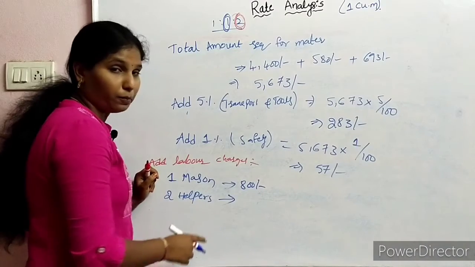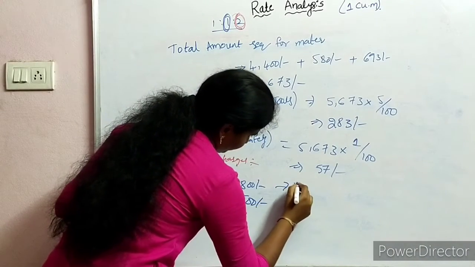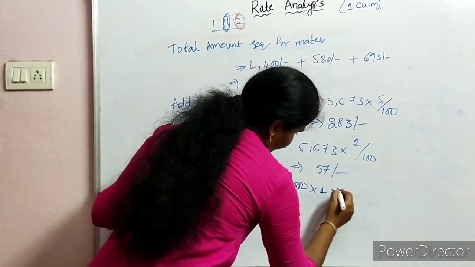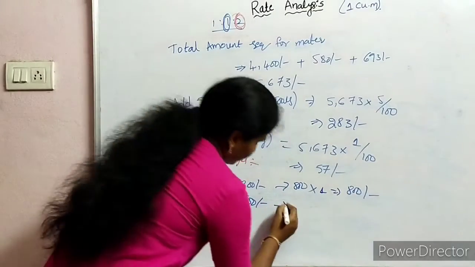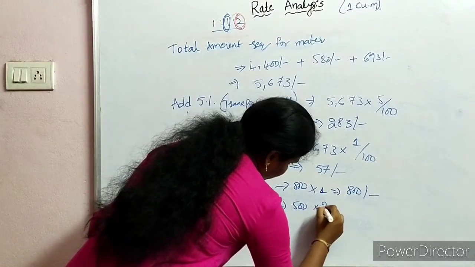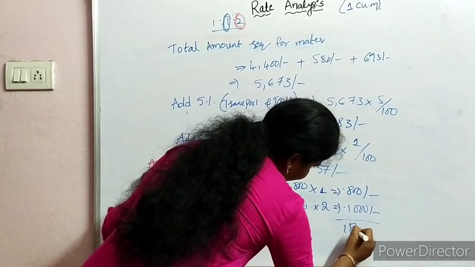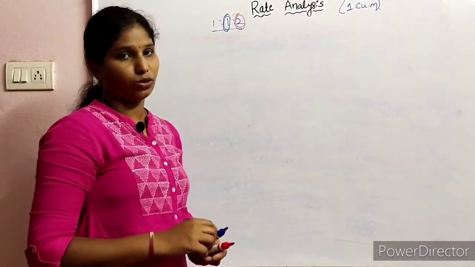For 1 helper we pay per day 500. 800 into 1 because 1 mason is required per day, that is 800. Here 2 helpers are there, that means 500 into 2, that is 1000. Total we get 1800. Labor charges are 1800.